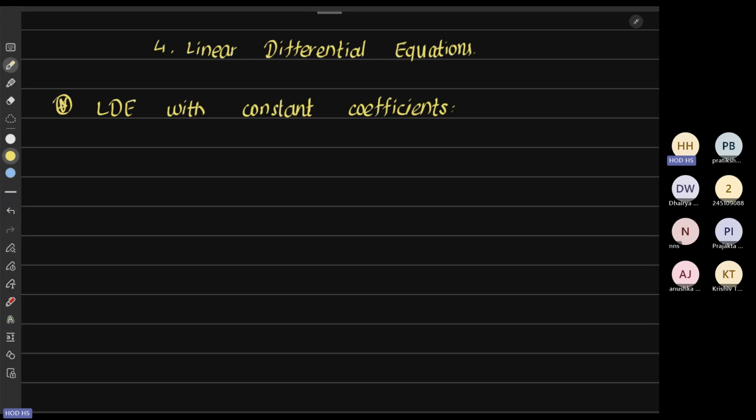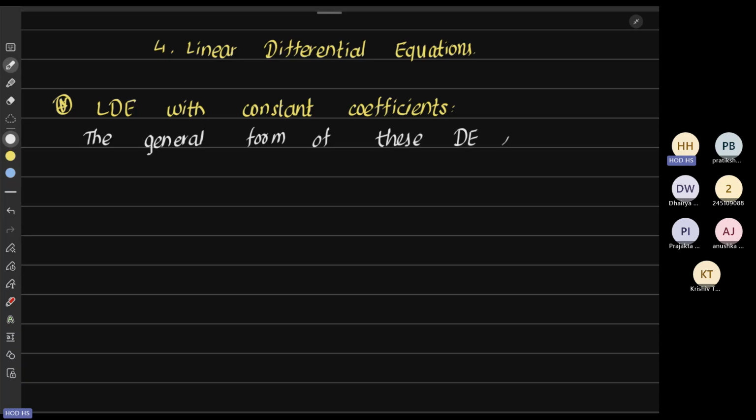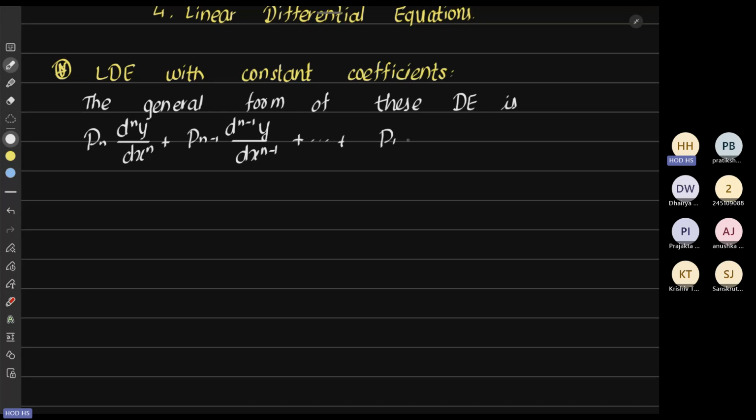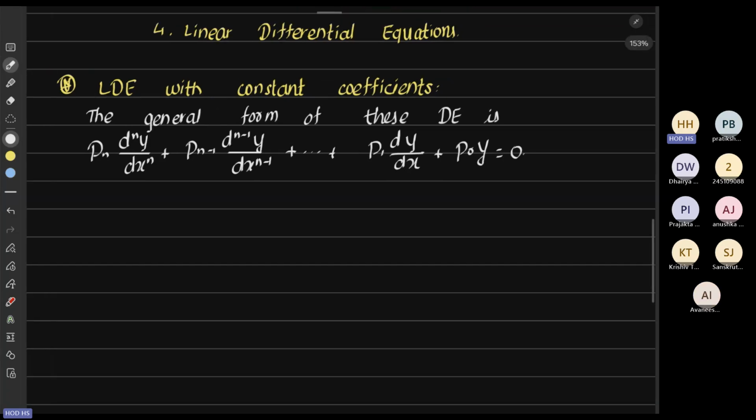So what do I mean by constant coefficients? The general form of these differential equations is Pn d power n y by dx power n plus Pn minus 1 d power n minus 1 y by dx power n minus 1, and so on till we get the last terms as P1 dy by dx plus P naught y is equal to Q of x.